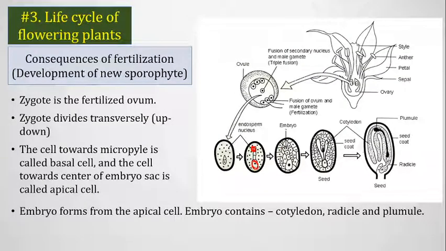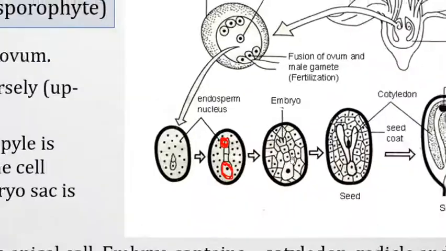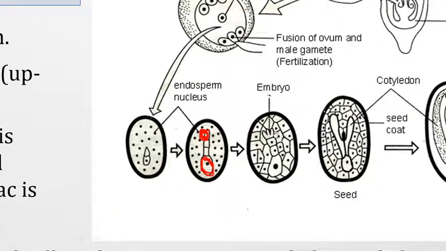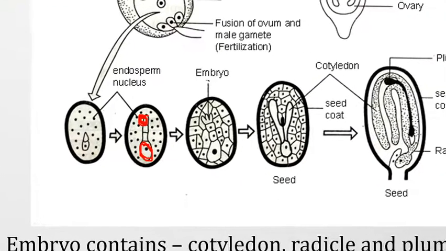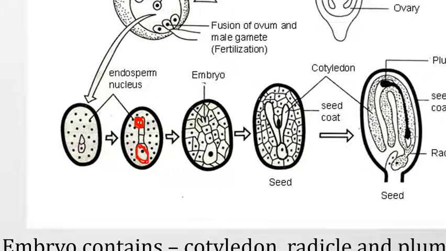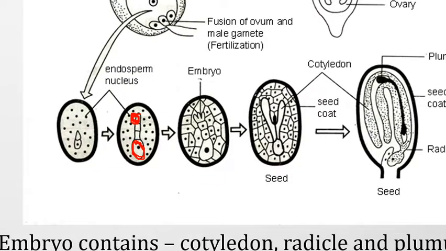And then from the apical cell the embryo is formed. So inside the ovule, the apical cell produces the embryo. The embryo elongates in length and gets bigger in size, and that's how this multicellular embryo produces different parts.